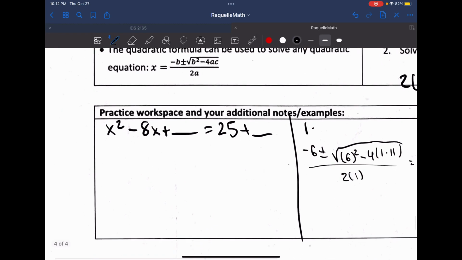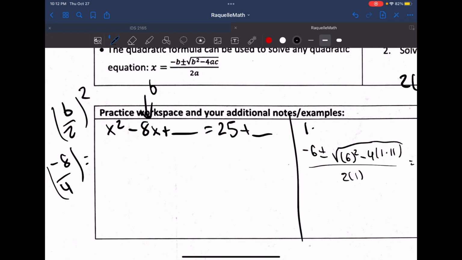So now, if you remember, this is b, and we want b divided by 2 squared. That is what completing the square basically means. So -8 divided by 2 is -4, and then we square it. So that leaves us with positive 16, and so we add that to each side.